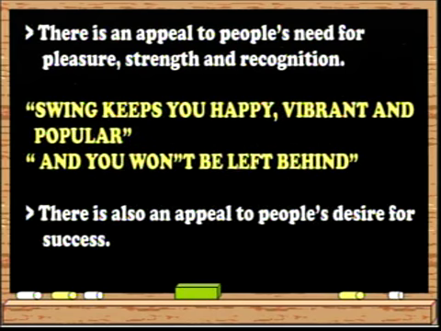There's an appeal to people's needs for pleasure, strength, and recognition. Swing keeps you happy, vibrant, and popular, and you won't be left behind. There is also an appeal to people's desire for success.